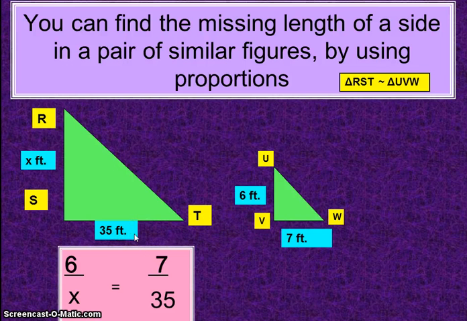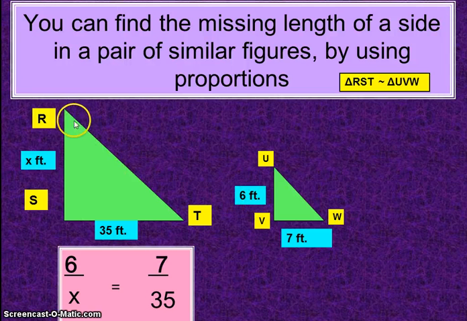And if you notice, you have to keep things aligned with each other. What I mean by that is I can't say x over 7, because this line is not similar to this line. This x line is similar to this 6 line.